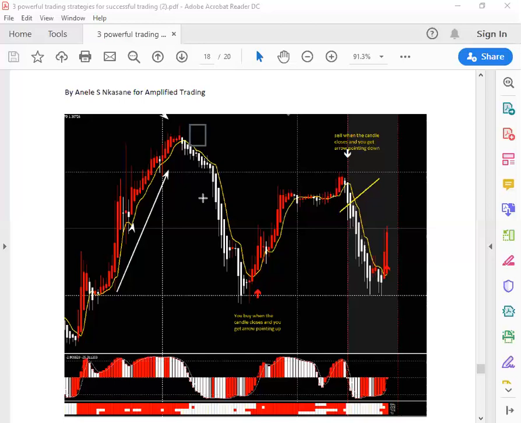We don't want to be too late for the trend, but we also don't want to be too early. The idea is that it doesn't matter how good your entry is if your risk control or risk management isn't on point, then it's very difficult to make any consistent profits as a trader.